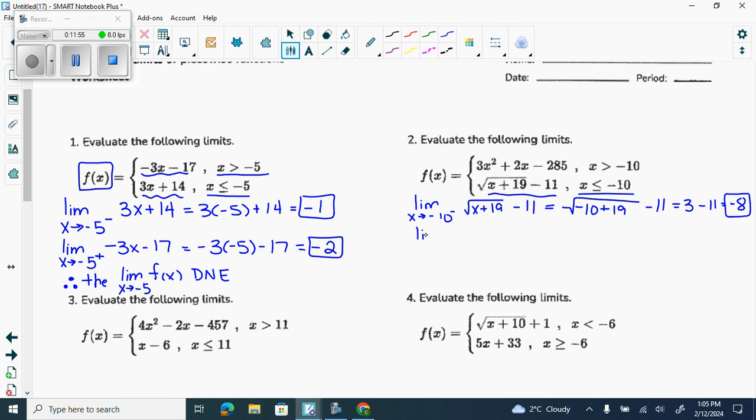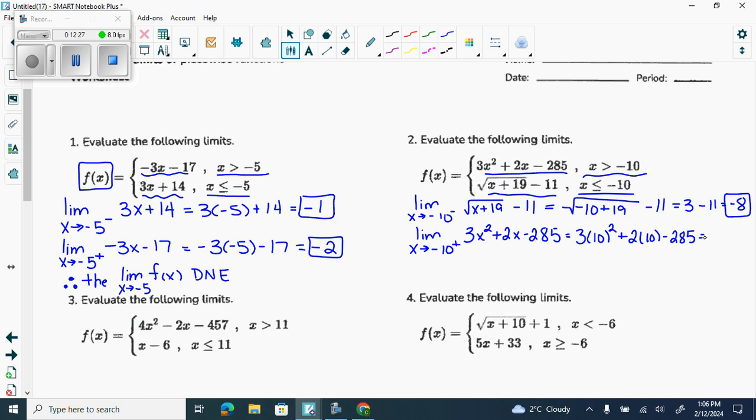Then I do the limit as x approaches -10 from the right. So I need to use the greater than or equal to one, so it's this one. 3x squared plus 2x minus 285. So I'm going to get 3 times -10 squared plus 2 times -10 minus 285.